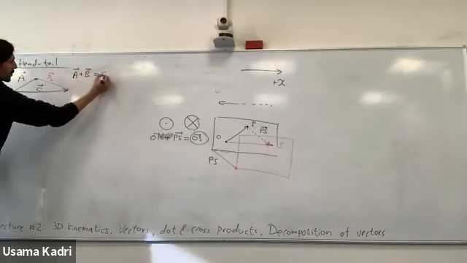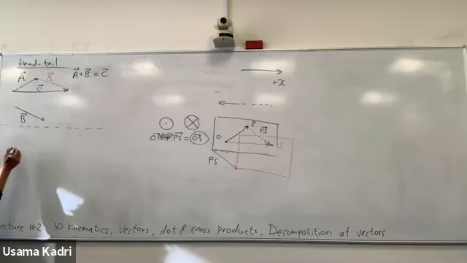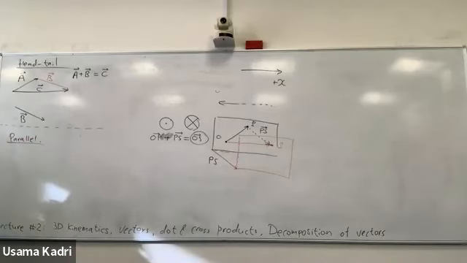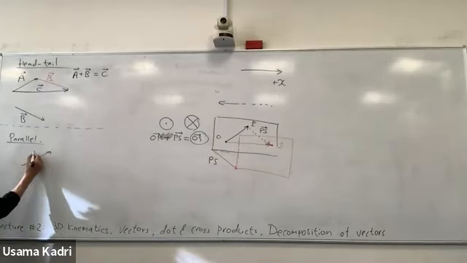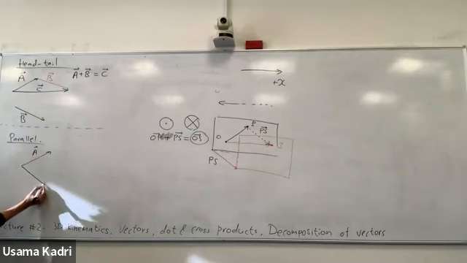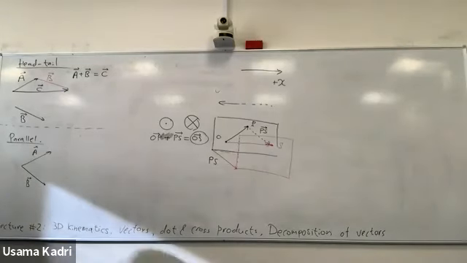Now the other way of doing it, which is called the parallelogram technique, is the same concept really. So you have vector A and you have vector B, so you put the tail on the tail, and then you make this parallelogram. That's why you get the name.